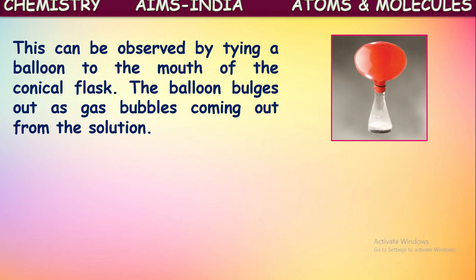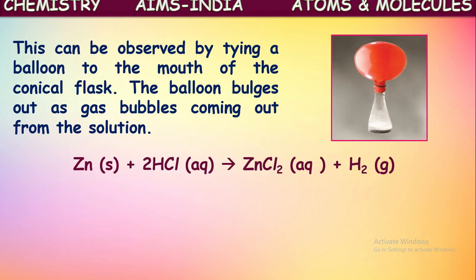This proves the hydrogen gas evolution. So zinc reacts with hydrochloric acid and forms zinc salt by replacing hydrogen from the acid. Hydrogen gas is evolved and collected in this balloon. So this is the reaction occurring in this displacement reaction.